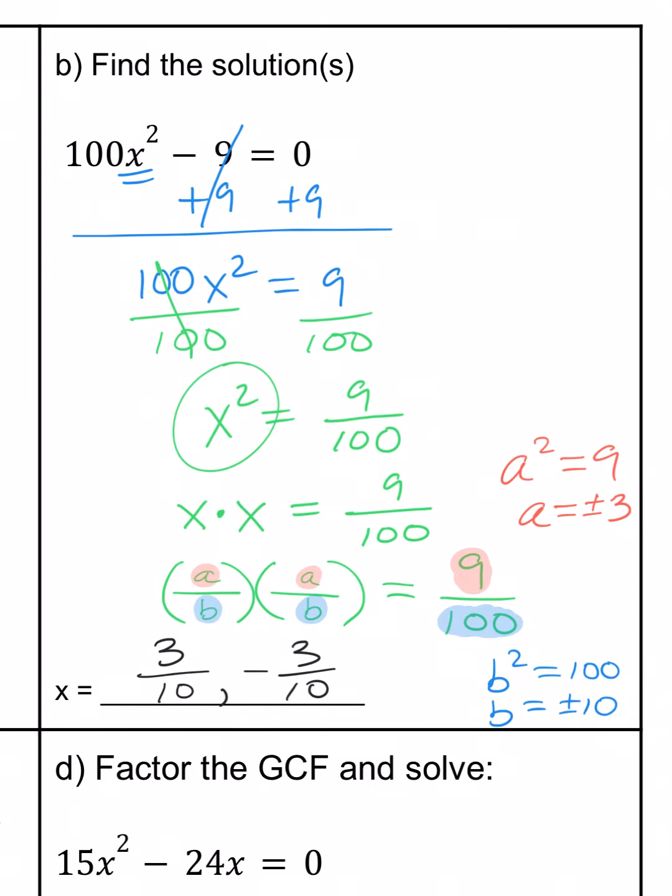If we have 3 over 10 and we square it, 3 squared is 9, and 10 squared is 100. If we have negative 3 over 10 squared, a negative times a negative is a positive. It's the same thing. Perfect.